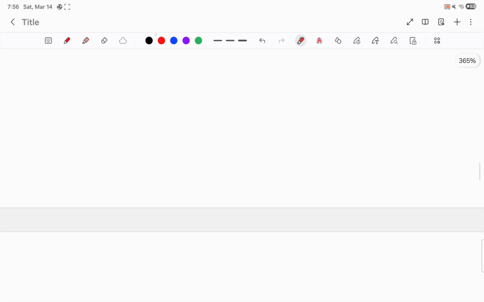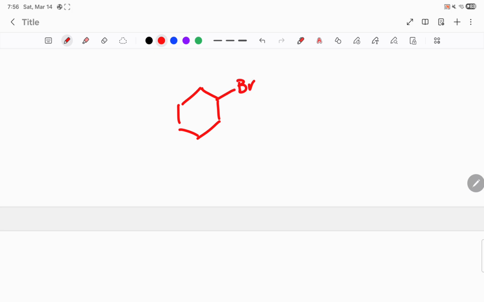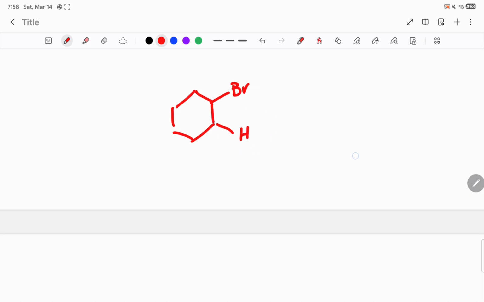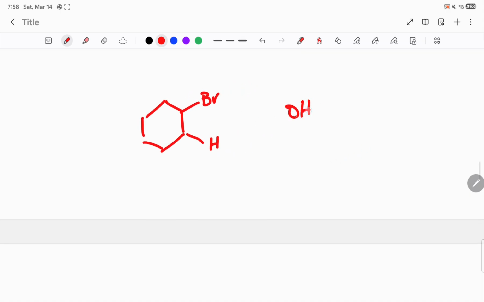So, for example, if we have something like this, with the bromine here, we know that there is a hydrogen here. And so if I were to do the same reaction, this would take the hydrogen, these electrons would go here, and this would leave, and we would generate this alkene.